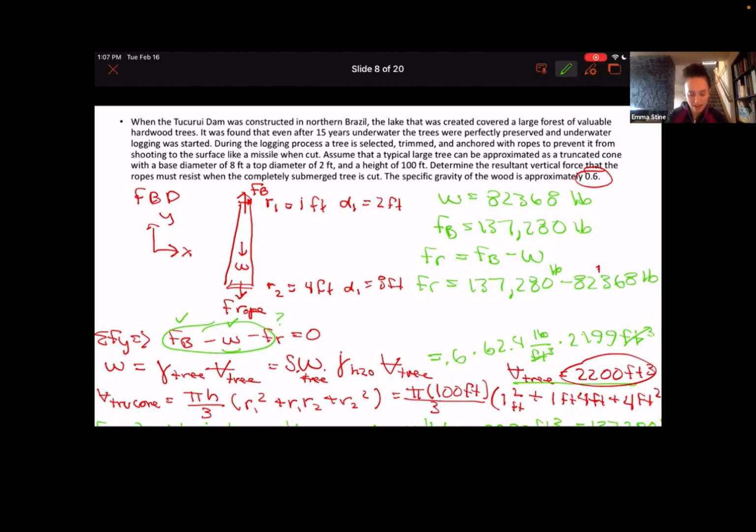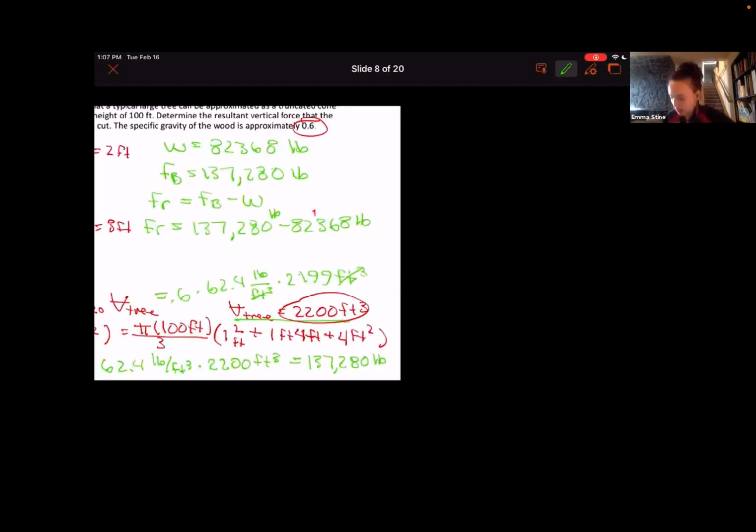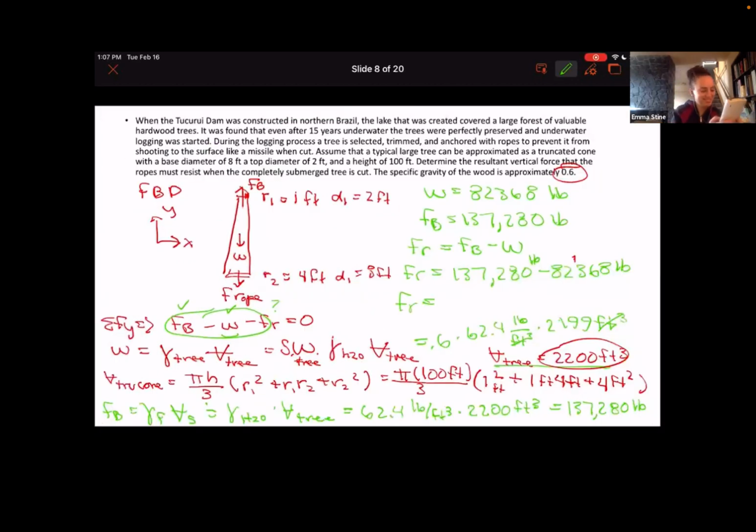So we get 54,912, and unfortunately this problem has just one sig fig, which everyone hates. So it'll be 50,000 pounds for F_R.